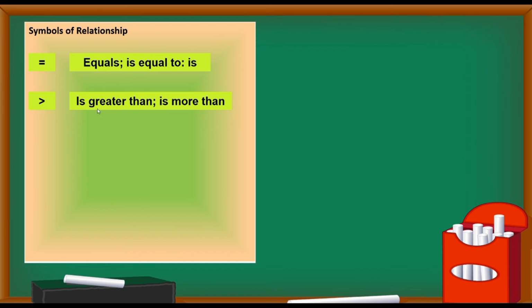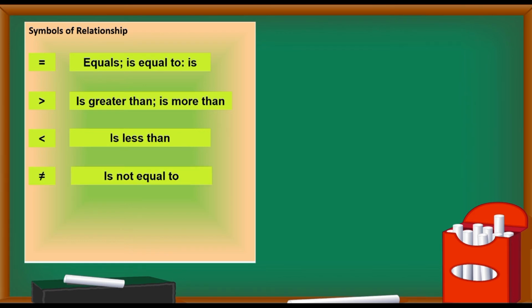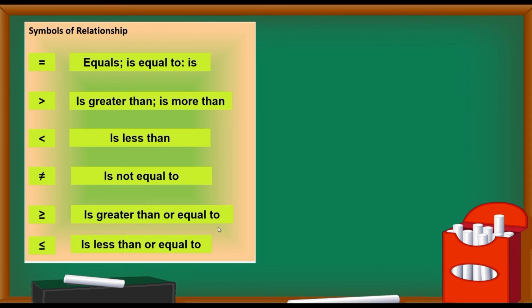Kapag ang term lang na ginamit ay greater than at more than lang, yan po ay sa addition. Another, ayan, is less than. Next one, ayan, is not equal to. And then next, is greater than or equal to. Then, is less than or equal to.